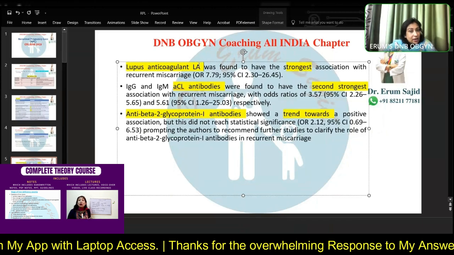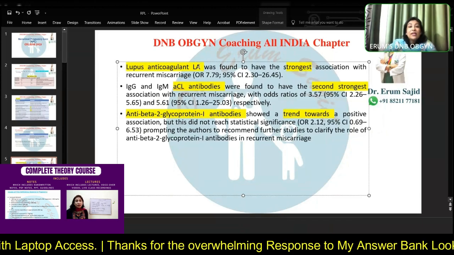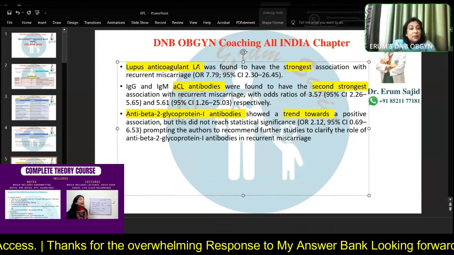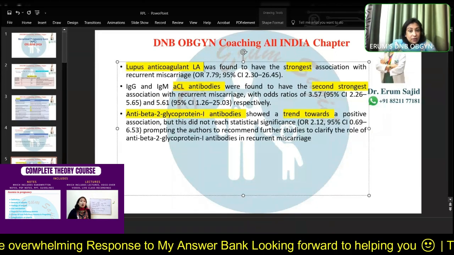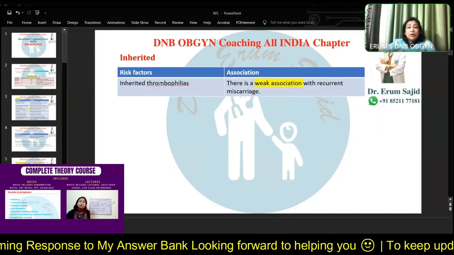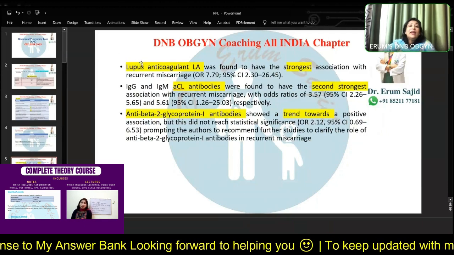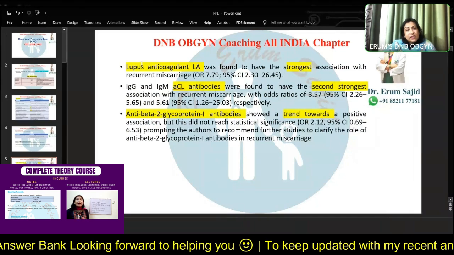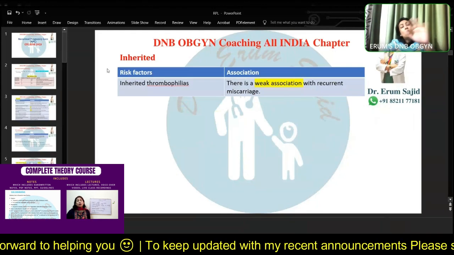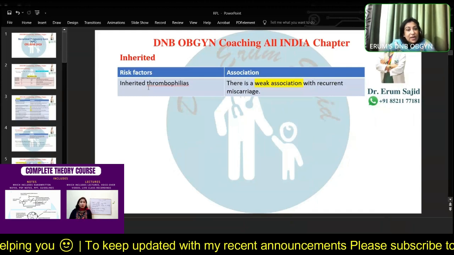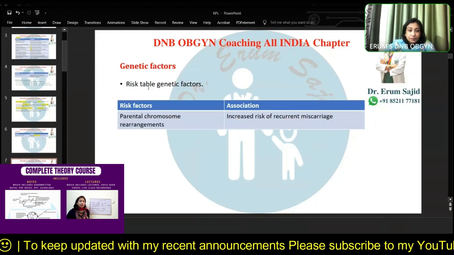So you still go ahead and get the lupus anticoagulant, anticardiolipin antibodies, and anti-beta-2 glycoprotein antibodies when you're doing an RPL panel. But amongst them, you should know that LA is the most associated, ACL is second, and anti-beta-2 is weakly associated. Inherited thrombophilias also show a weak association with recurrent miscarriage. Nevertheless, you can get it done.